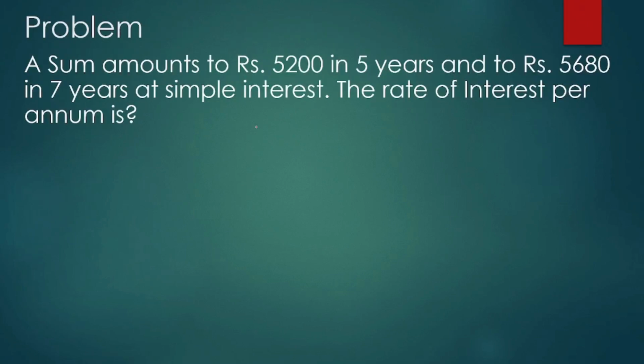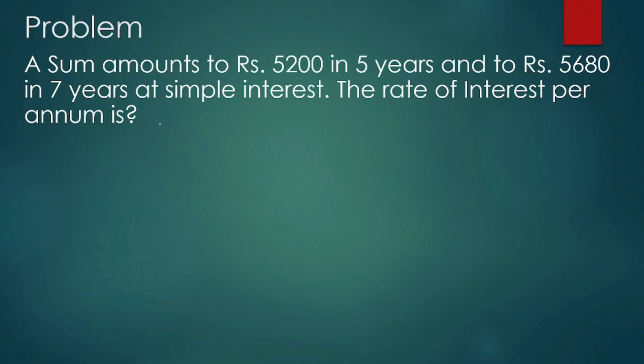Now we discuss another type of problem in simple interest. The sum amounts to rupees 5,200 in 5 years and to 5,680 in 7 years. At simple interest, the rate of interest per annum is?